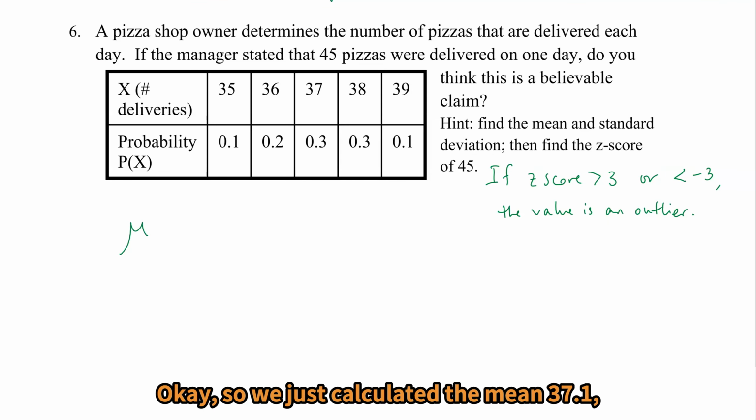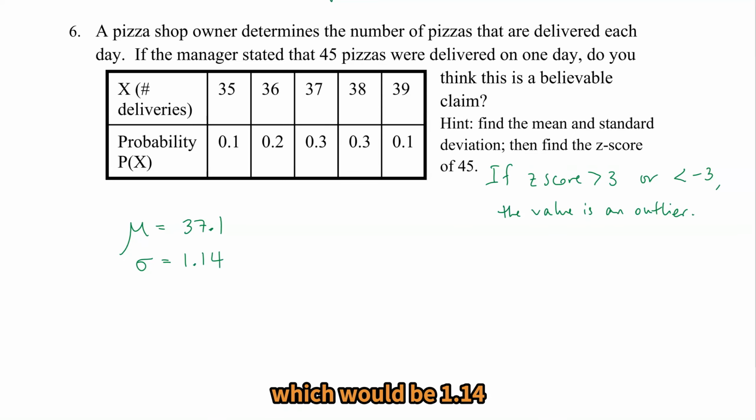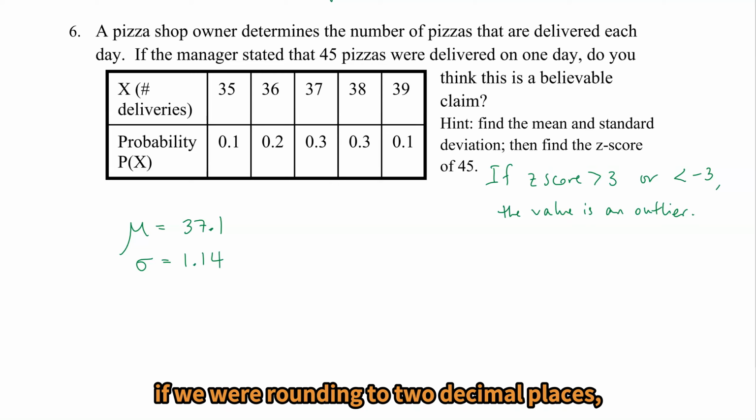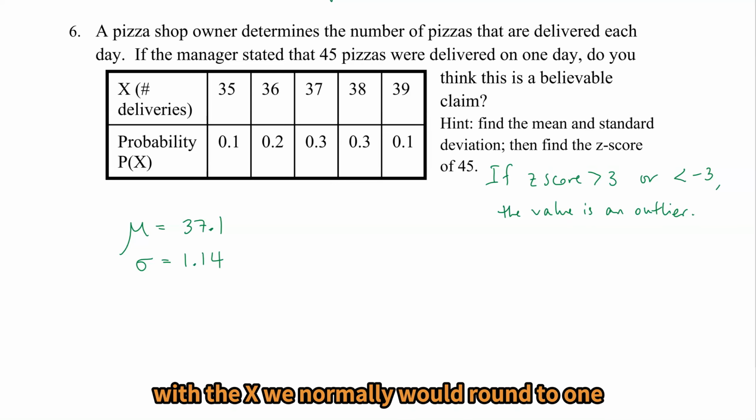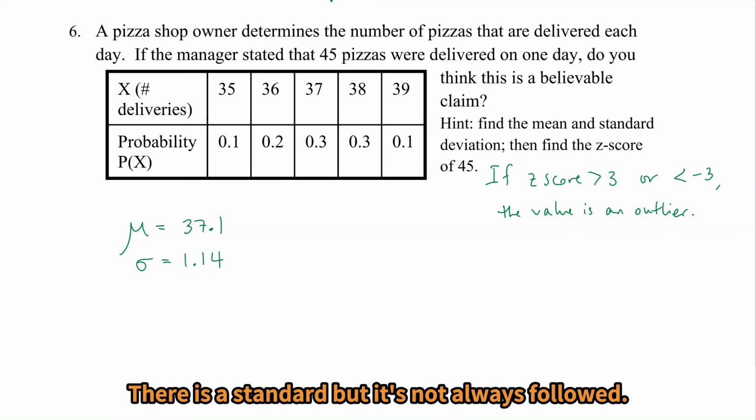Okay, so we just calculated the mean, 37.1. Our standard deviation was 1.135, which would be 1.14 if we were rounding to 2 decimal places. With the x, we normally would round to 1, but the rounding, it varies so widely. There is a standard, but it's not always followed.